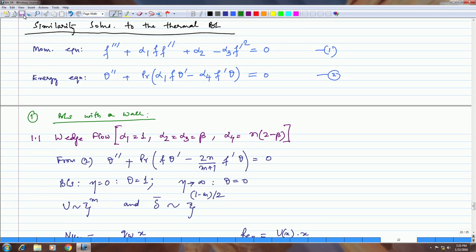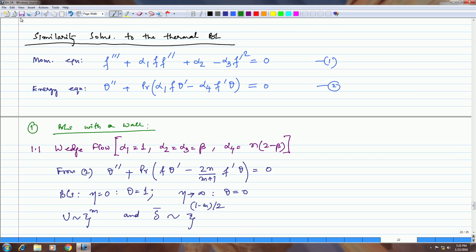I will acknowledge that, but hopefully slowly you begin to see the pattern: once you get the basic equations in place, you break the similarity solution down.